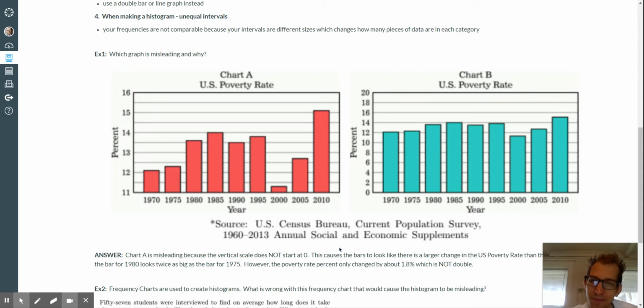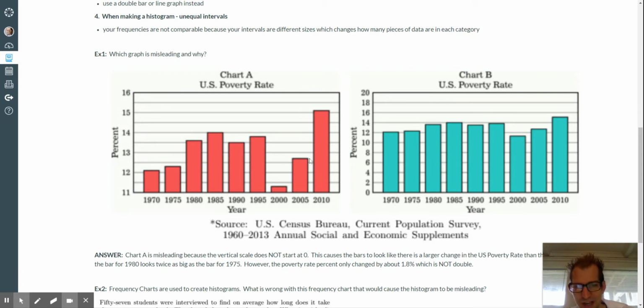However, it looks like it went down leaps and bounds, like it was 1/10 the poverty rate. But if you look at this, it really just went from a little under 14% to a little under 12%. So not a huge jump. A jump, sure, but not quite what the graph communicates here.